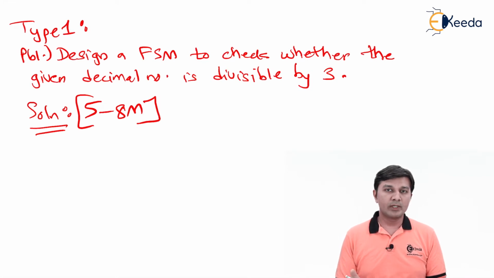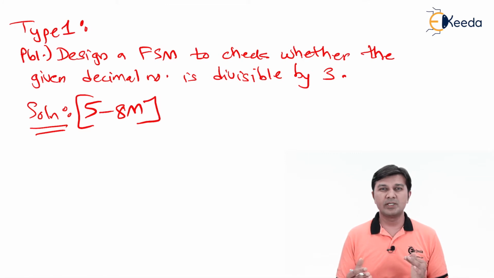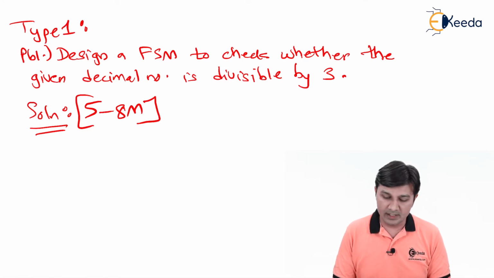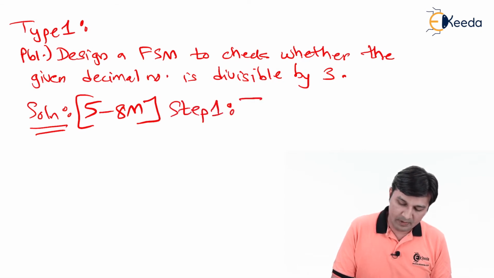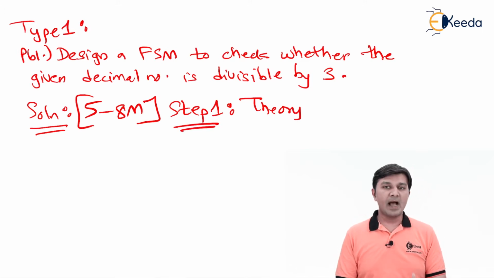So coming on to solving this problem, the step number 1 in solving this problem will be a very monotonous step that you will be supposed to write again and again, and that step is called as the theory. So my step number 1 will be the theory. By theory I mean we are going to write the formal definition of finite state machine.